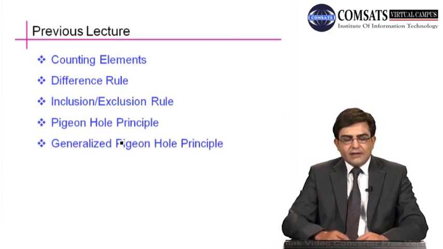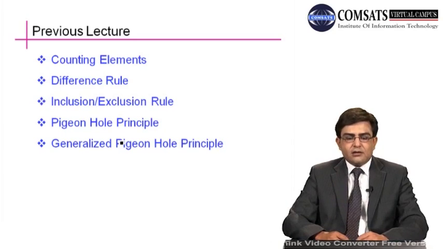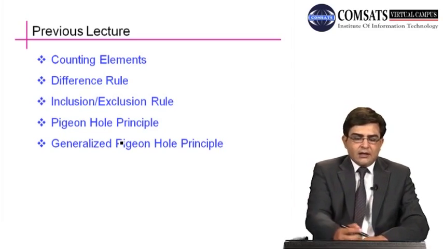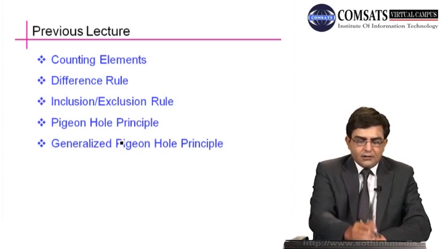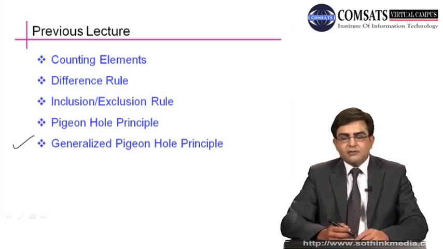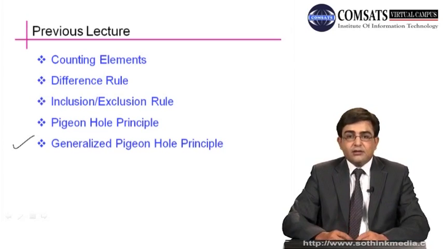In the previous lecture, as you know, we had discussed counting rules, the difference rule and the inclusion-exclusion rule, and we discussed the pigeonhole principle. The generalized pigeonhole principle we had not discussed due to the shortage of time.